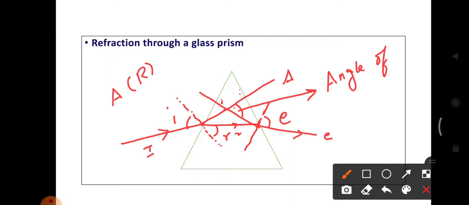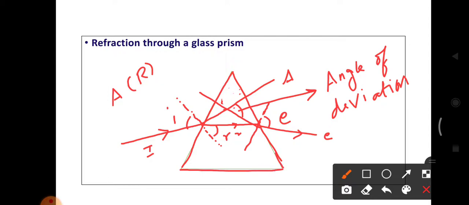Angle of deviation. And here the two plane surfaces make an angle. This angle is called the angle of prism.